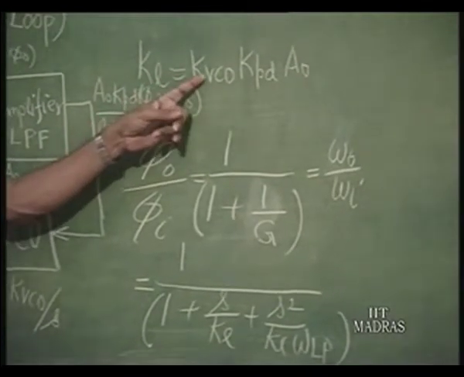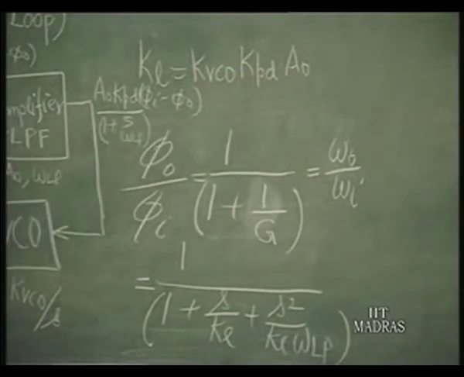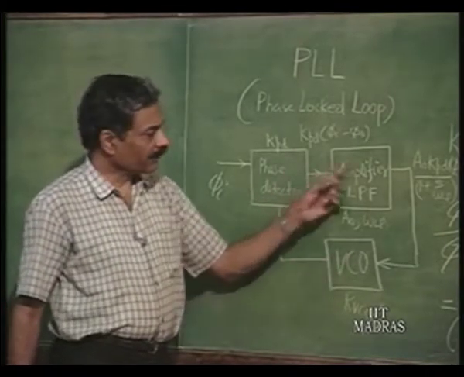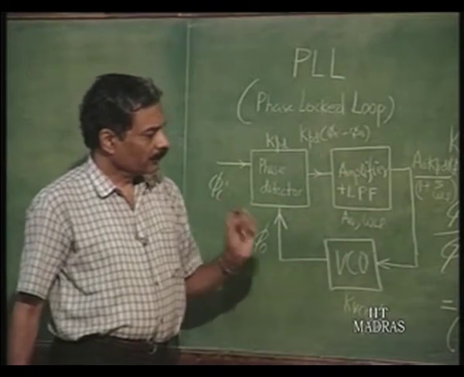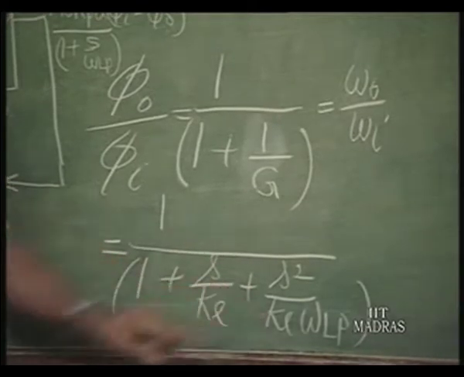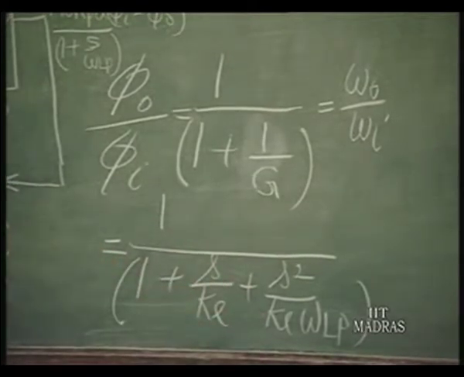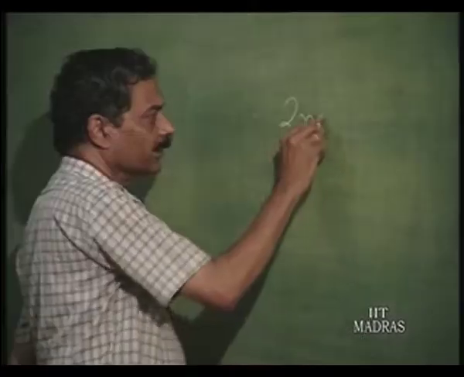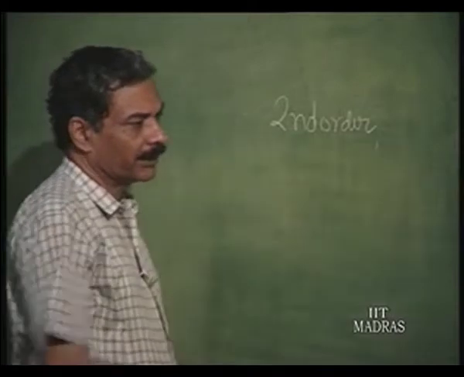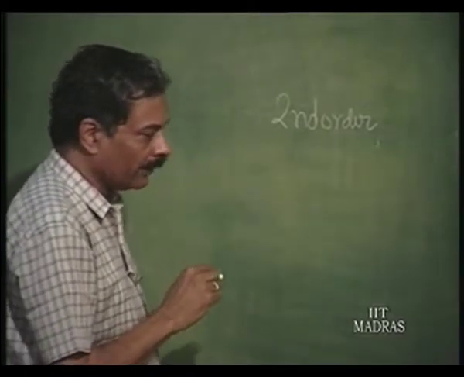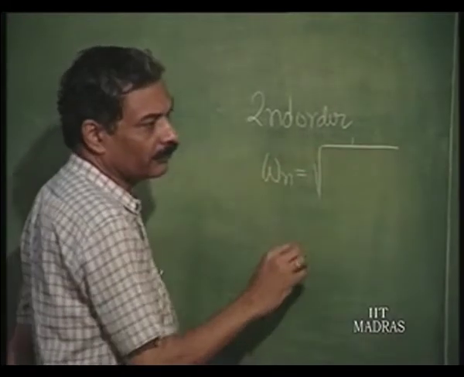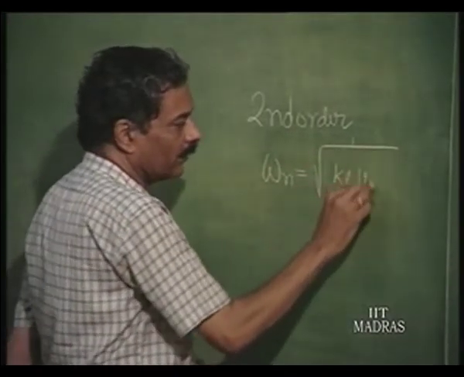Now, this is equal to 1 by 1 plus S by KL, where KL is nothing but the DC loop gain, which is kVCO KPD A naught, that is, the product of the sensitivity factors within this loop. So, 1 plus S by KL plus S squared by KL omega LP. So, basically a phase lock loop is a second order system, with natural frequency equal to root of KL omega LP.